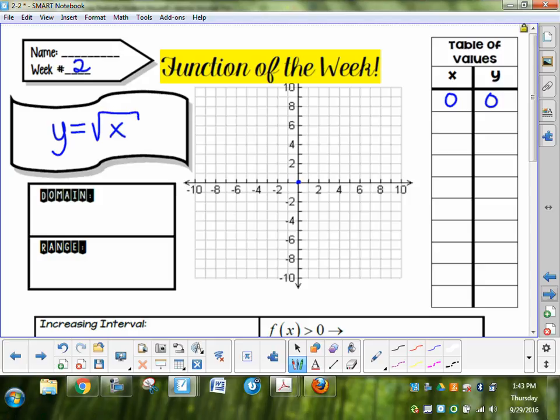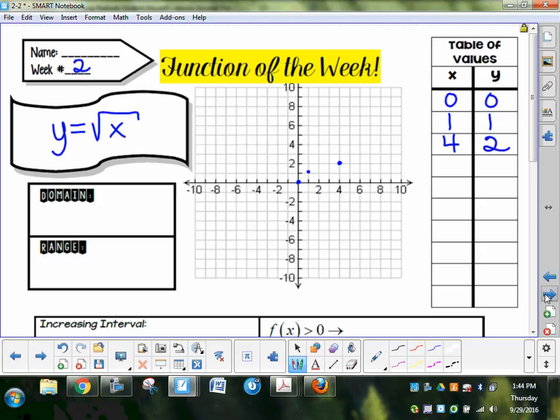This is starting to look pretty linear. Looks like the identity function from last week. What's another one? 4, 2 is going to be on there. So 4, 2, all of a sudden it's not looking quite so linear. Who can give me another one? Hands up, please. No? Because careful, what's the square root of 6?